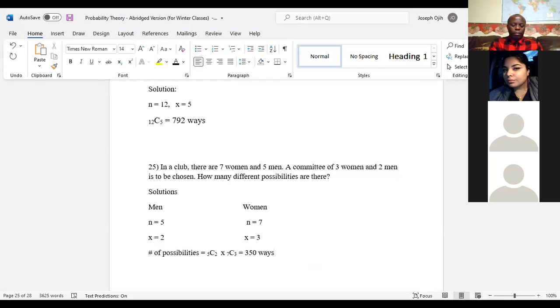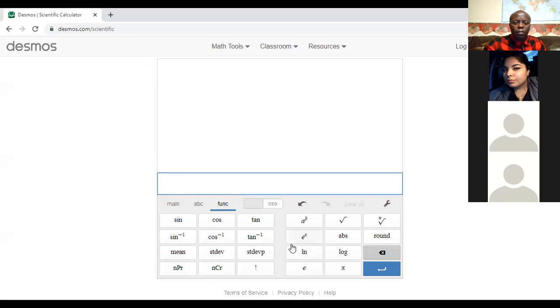The way you put that in the calculator, with double parentheses, is that how we're supposed to do it? That's one way of doing it. Let me show you another way. You can get them separately, and then multiply. For men, 5,2 gives me 10, so I put 10 right there.